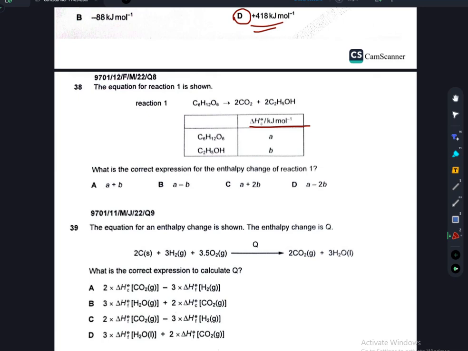This is again using Hess's law, C6H12O6 to form C2H5OH. You draw a vector triangle or vector diagram. Enthalpy change of reaction 1, this is the delta Hx, which is delta HR, which we are to find.